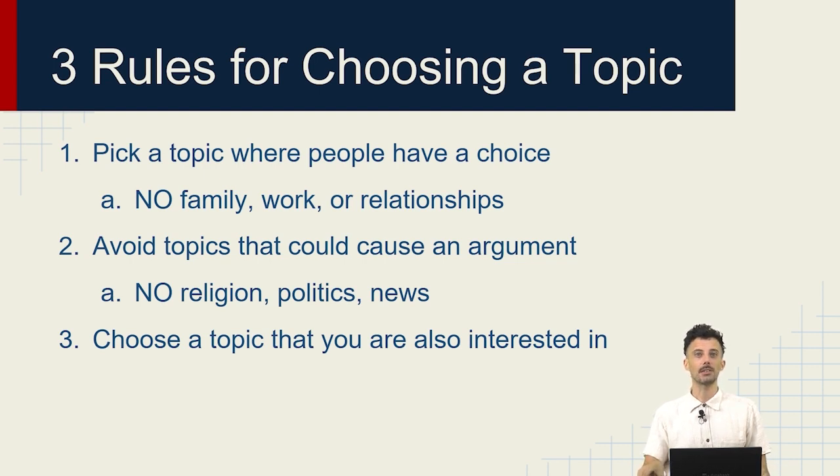And the third one is choose a topic that you are also interested in. I've had so many times where I've told people how much I like music, I like making music, I listen to music all the time, and it's one of the reasons why I chose the career I did. But then I would ask them what kind of music they like, and they would say, oh, I don't really listen to music.